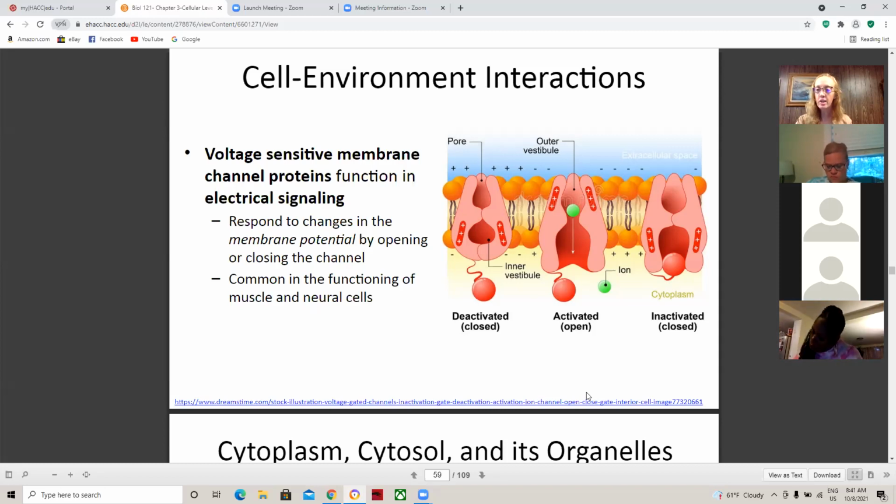It's a potential energy form, where this separation in charge, more positive up here, more negative in here, is a potential energy, where if we let the current flow down the membrane, we can use that flow of current to drive other processes.